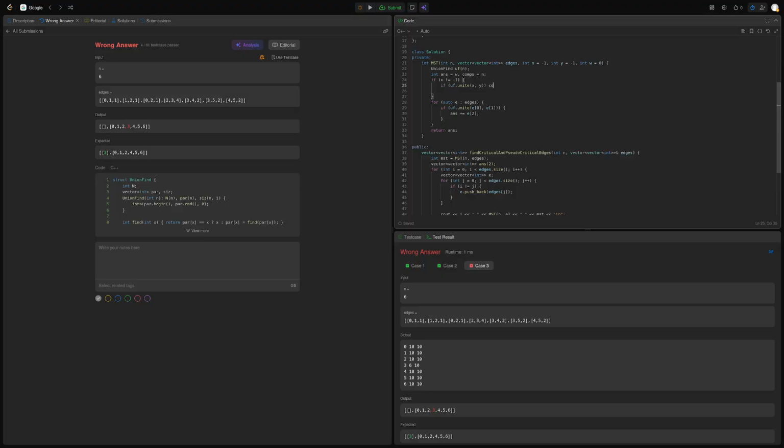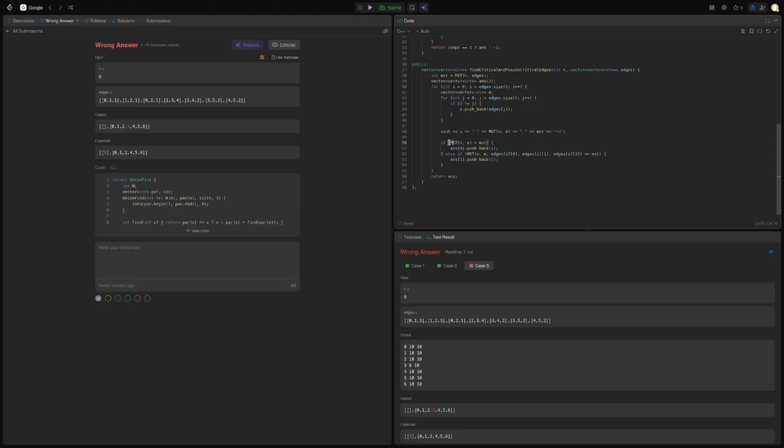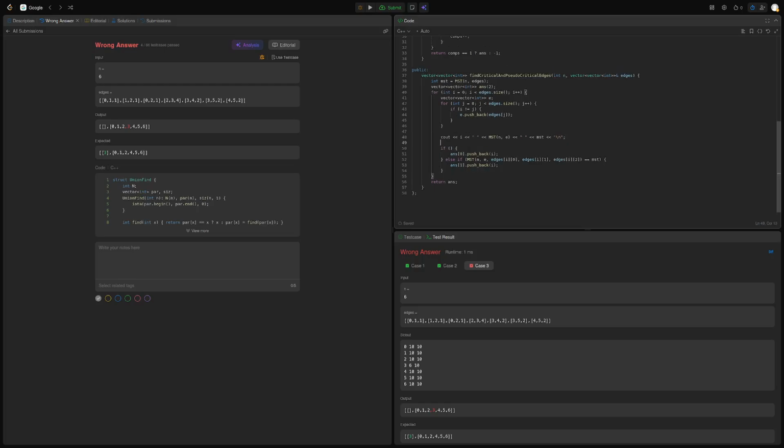If comps plus plus, comps minus minus. Okay, and then we do like comps 1 ans, otherwise this. That's great. And let's call this int m is MST, m equals -1 or m over MST.